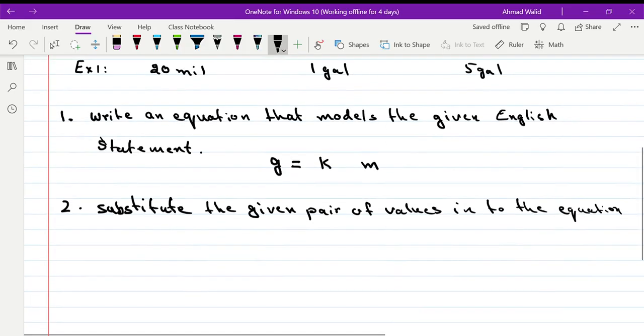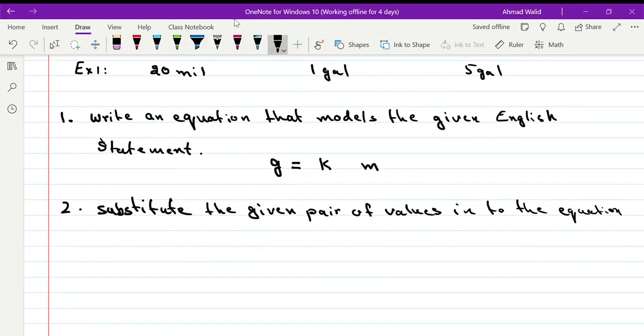Which pair of values? Whatever is given in the statement. With 1 gallon you can travel 20 miles.